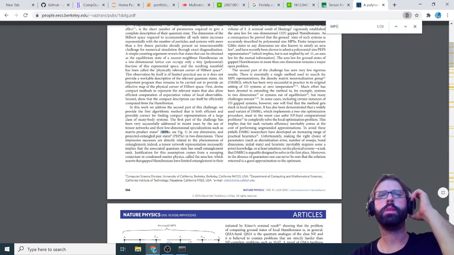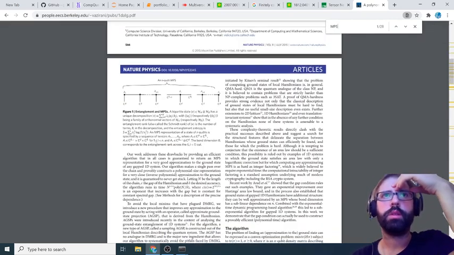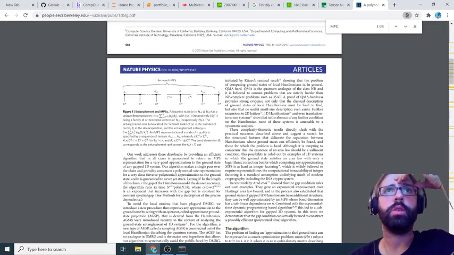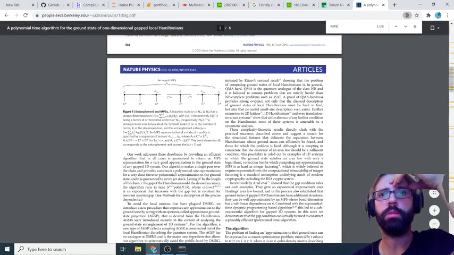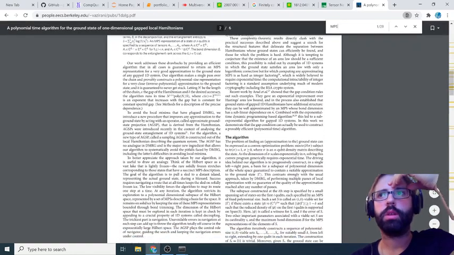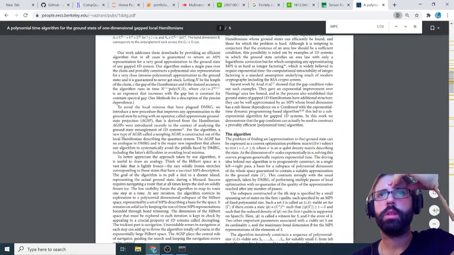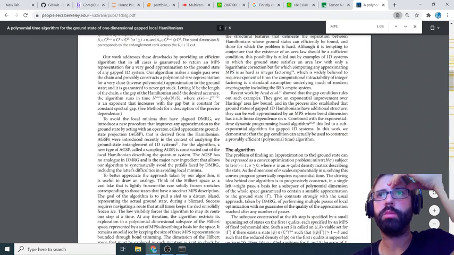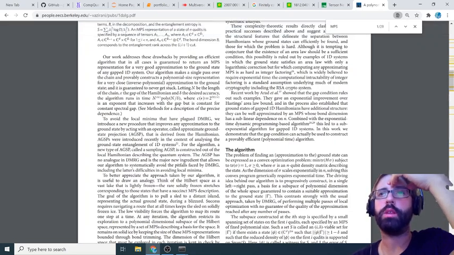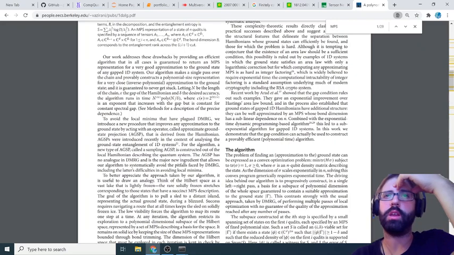NPS. Okay, so there's an Qt NPS, the algorithm. The problem of finding an approximation to the ground state can be expressed as a convex optimization problem of finding the minimum trace, where this is an n-qubit density matrix describing the state.